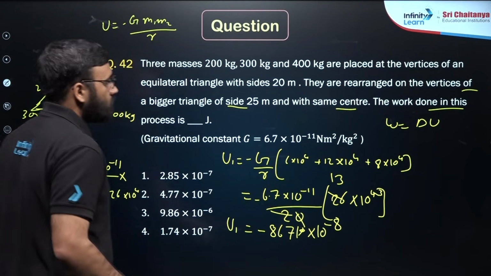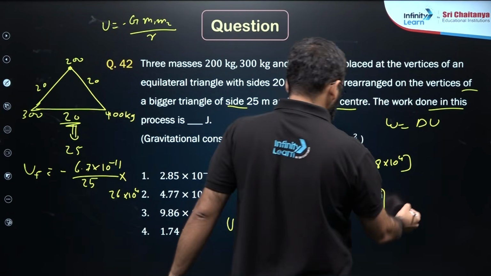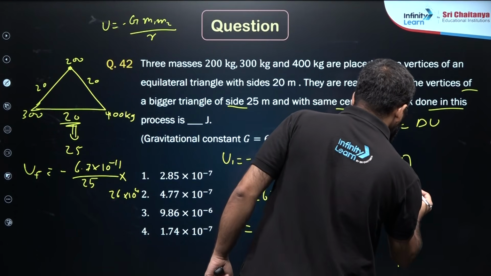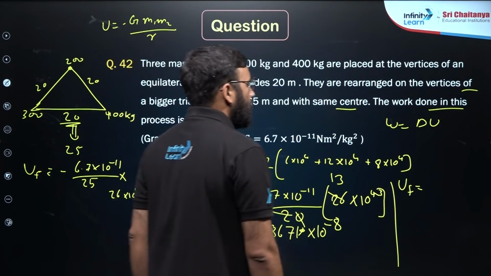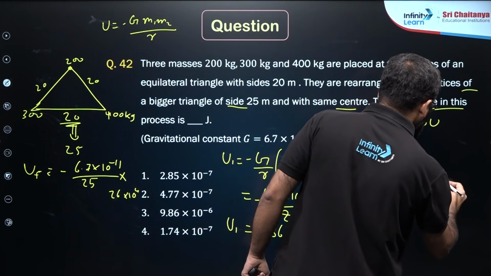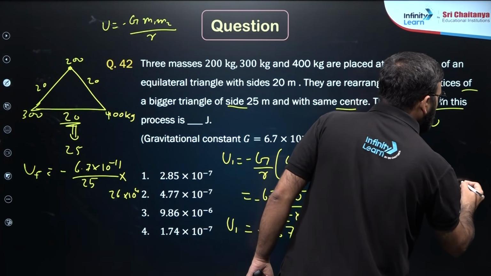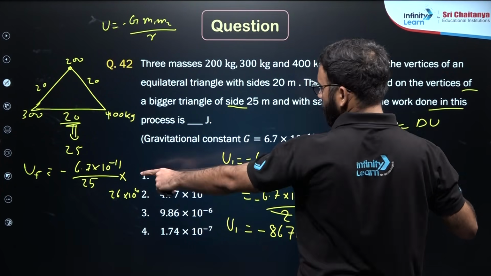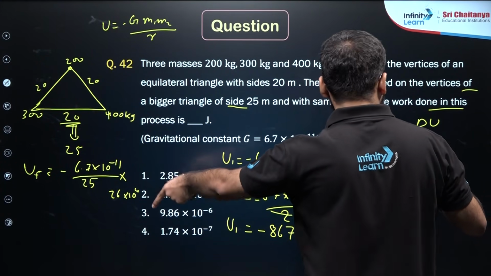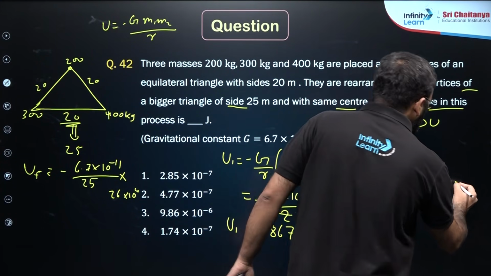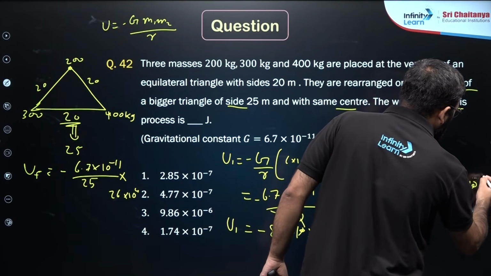So just you can do this one. So I am writing here, what is my u final value? U final value is, you can get, minus 69.3 into 10 to the power minus 8.